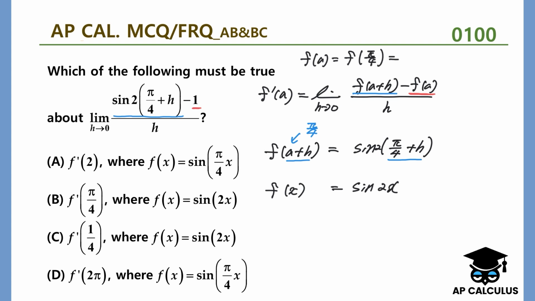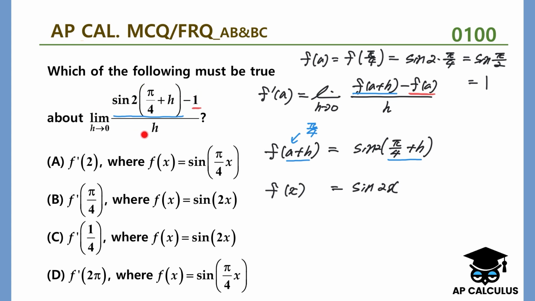If the function f of x is equal to sine 2x, that's sine 2 times pi over 4, which is equal to sine pi over 2. Sine pi over 2 is 1, right? So we have 1 here. Does that make sense? So the function f of x is equal to sine 2x. Okay, so far so good.